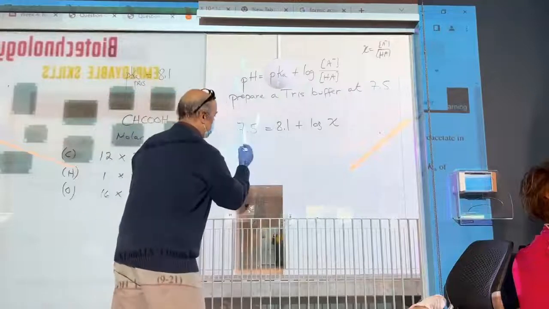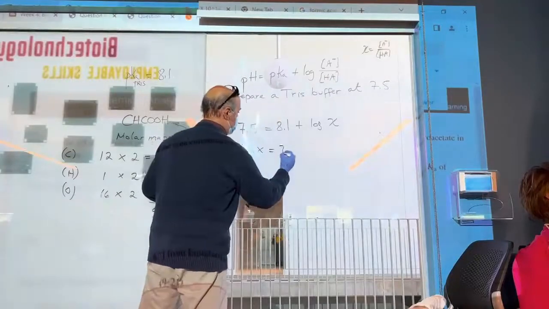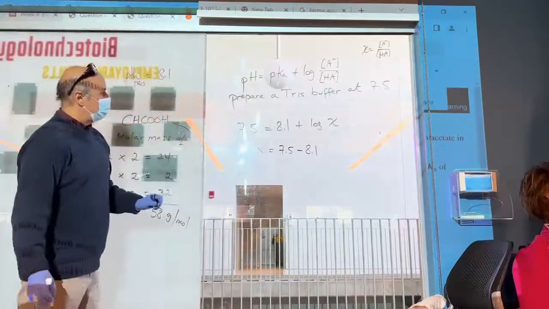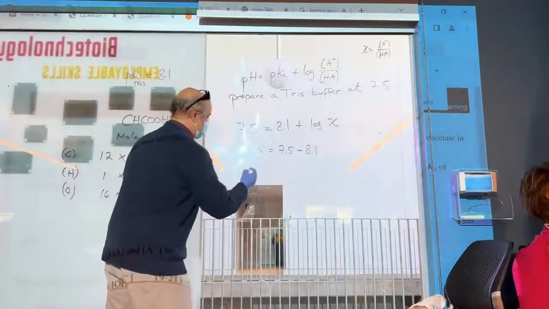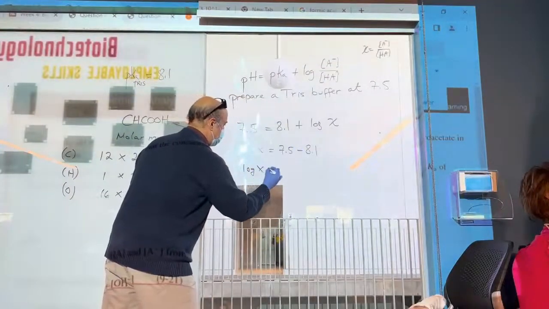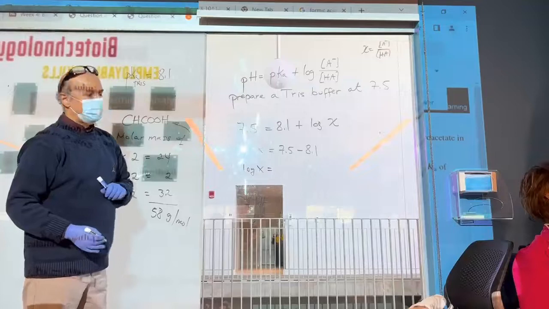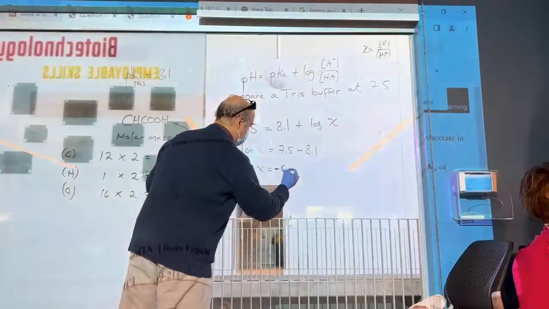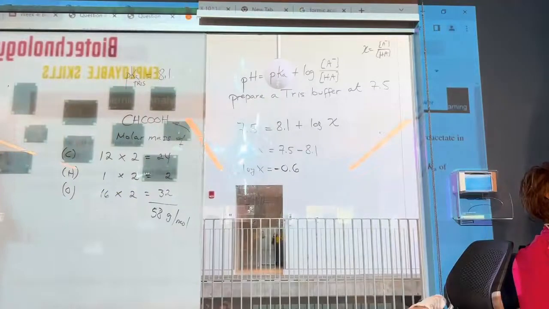So, log of X equals 7.5 minus 8.1. Did I do that right? I sort of flipped it, and then I moved the 8.1 to the other side. So log of X equals, what is that, negative 0.6? Is it negative 0.6? I hope I'm doing that right.